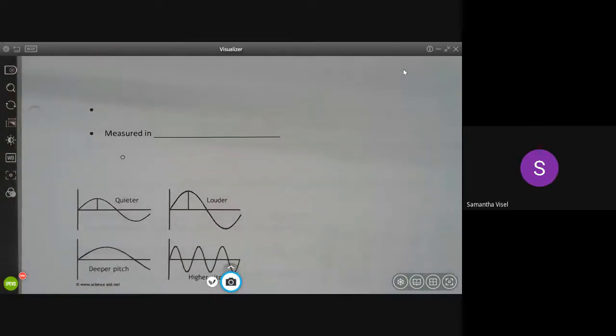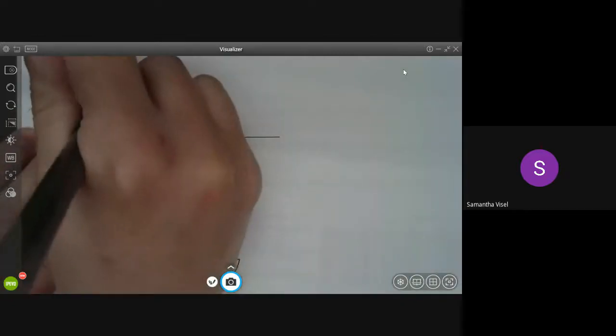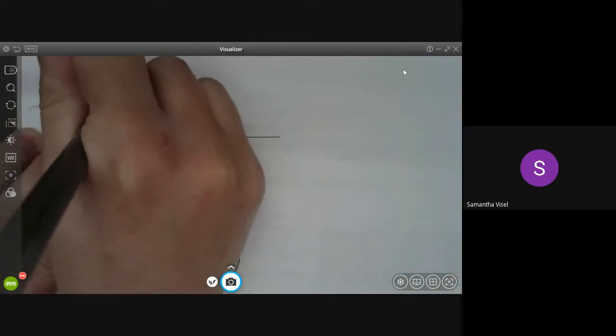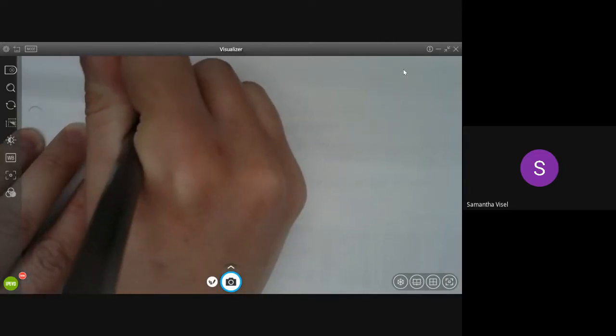Okay, so flipping our paper here. Focusing on those pressure differences, I'm going to put a little note there, even though I already mentioned it.